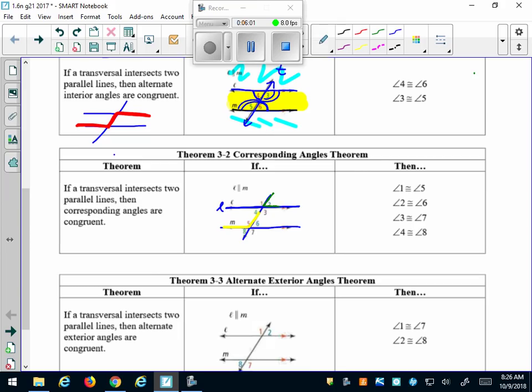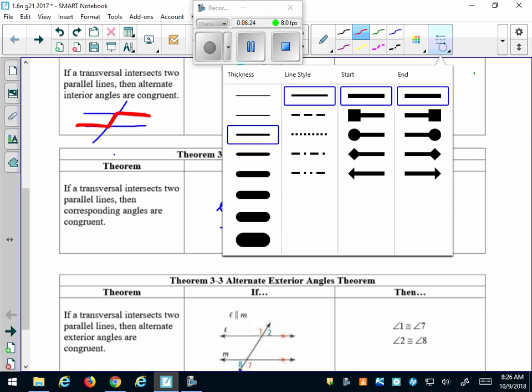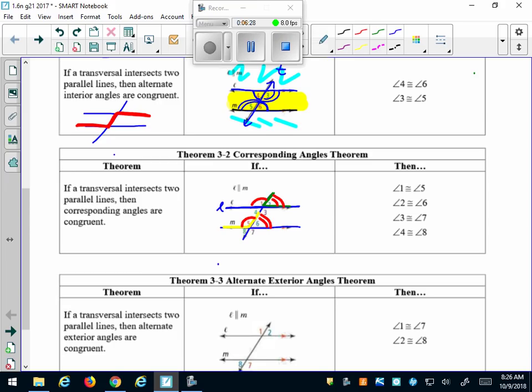let's say, angle 2, and I slide it down, and angle 6. So 2 and 6 are corresponding angles. Angle 1 and 5 we mentioned already, 2 and 6 we mentioned already, but underneath here we have these as well: 4 and 8.